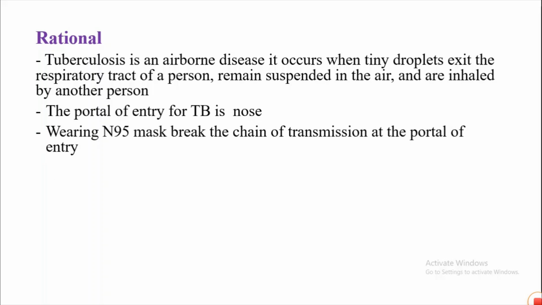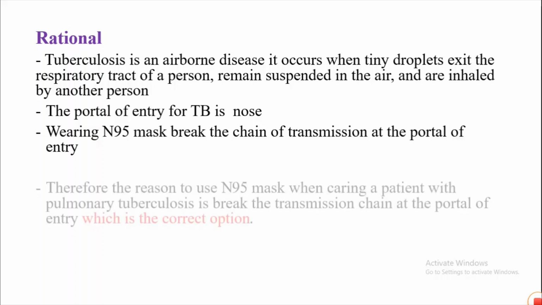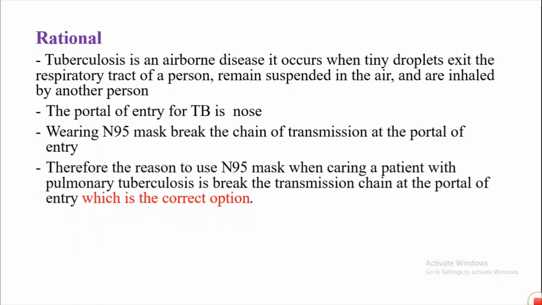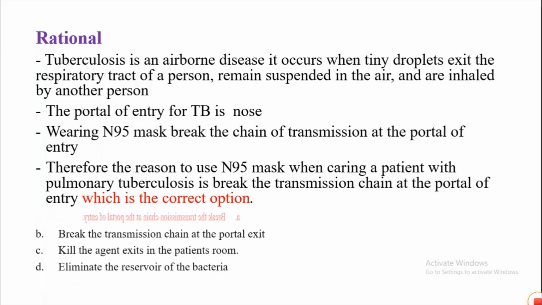Wearing an N95 mask breaks the chain of transmission at the portal of entry. Therefore, the reason to use an N95 mask when caring for a patient with pulmonary tuberculosis is to break the transmission chain at the portal of entry, which is the correct option.